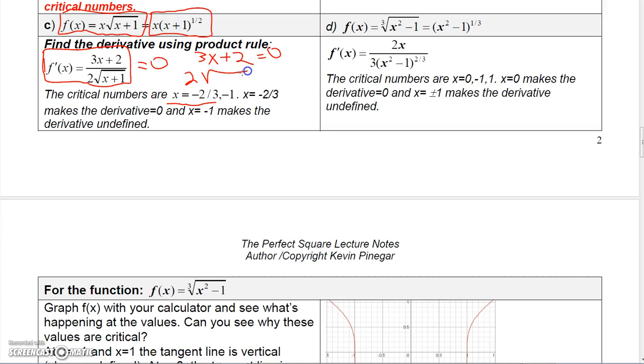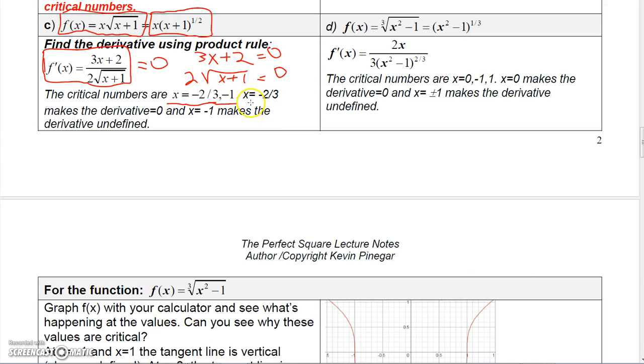So you would set 2 times the square root of x plus 1 equal to 0 and figure out what makes this a true statement. And the only number that would make this 0 would be x equal negative 1. You can solve that equation algebraically. Just divide both sides by 2 to get rid of the 2, and then you can square both sides and then subtract 1, and you'll get negative 1.